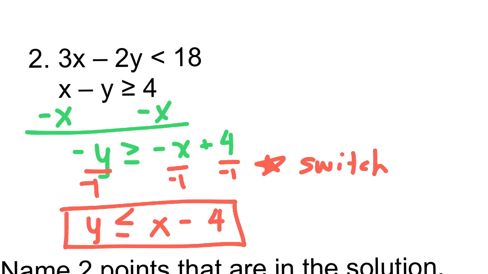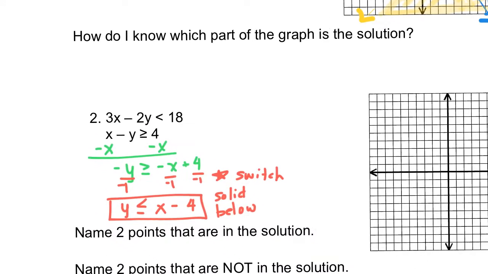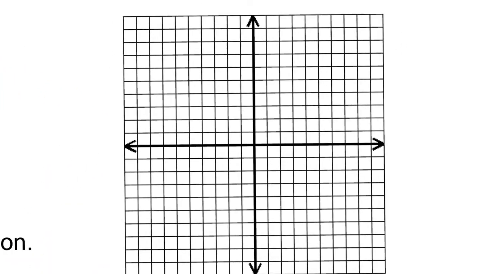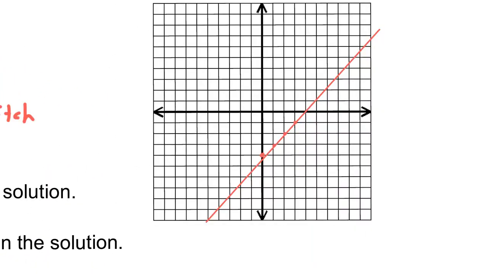The inequality will have a solid line, and it will be shaded below. Let's begin graphing this inequality. Please pause the video and graph your line at this time. All right, so I have my line. It's a solid line.